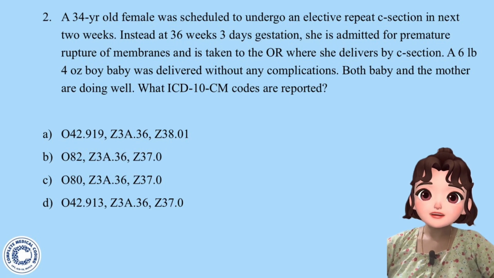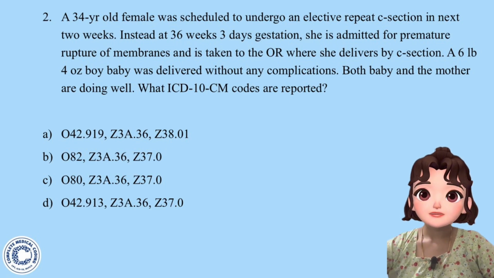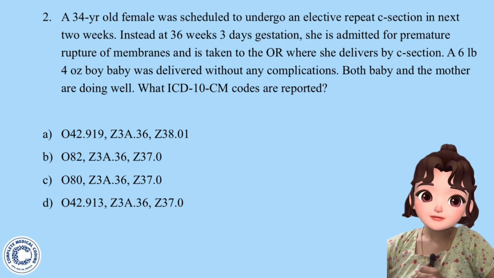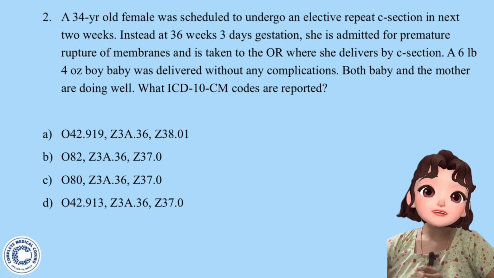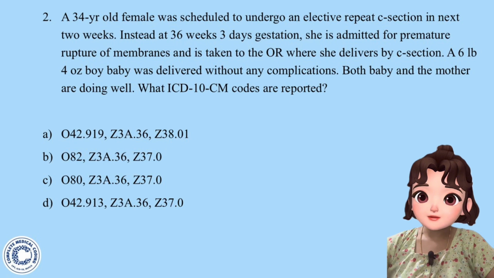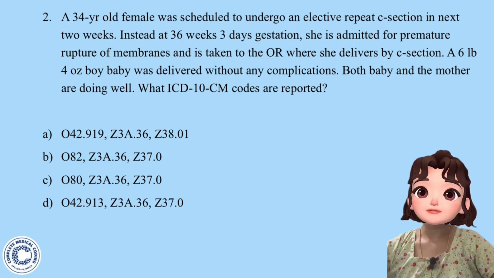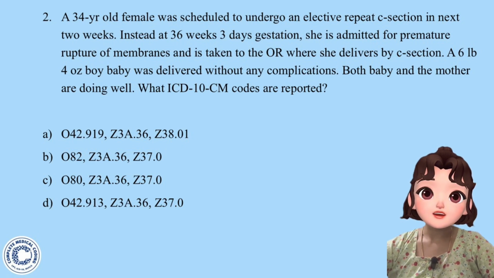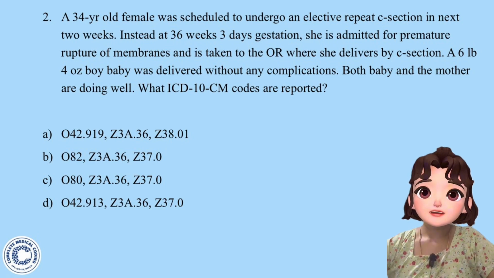Rupture of membrane. So we need to code that first. Then you need to code the number of weeks of gestation, and then whether it is a live birth or stillbirth. That will be the third code. This will be the order of the codes. So first you need to code for the complication. What is the patient here for? So let's find out the O code first. So what is O42.919?